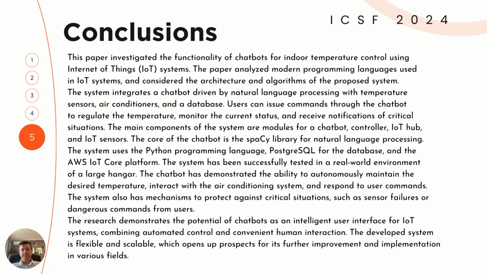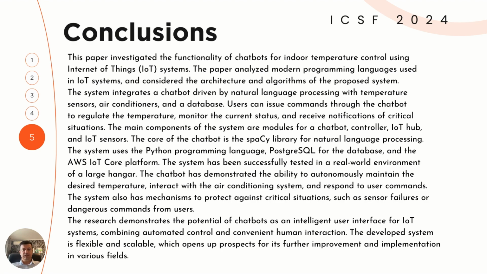This paper investigates the functionality of chatbots for indoor temperature control using Internet of Things systems. The paper analyzed modern programming languages used in IoT systems and considered the architecture and algorithm of the proposed system.